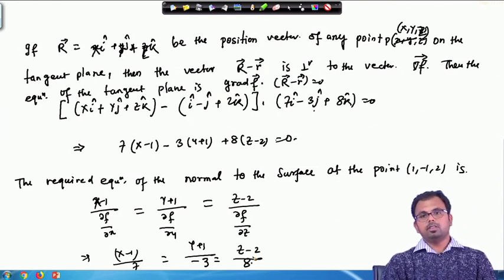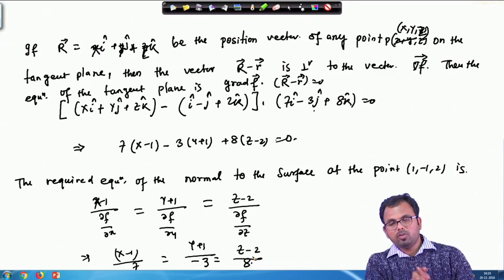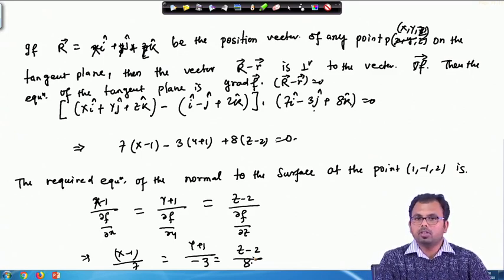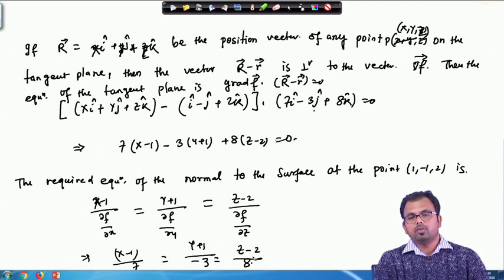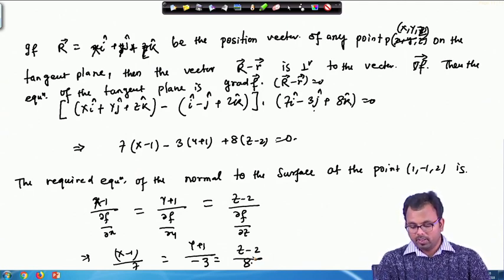So, calculating this tangent plane or normal is not complicated, it is just that we have to use some tricks from vector calculus and also from coordinate geometry so that we can write the equation of the tangent plane and the equation of the normal.